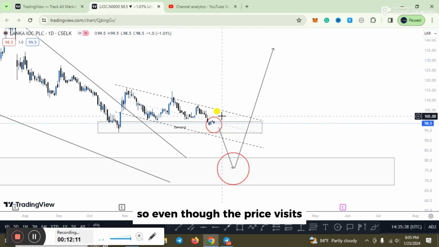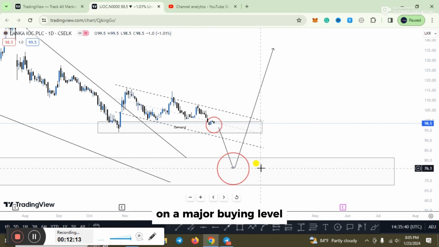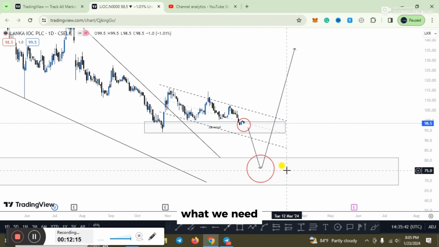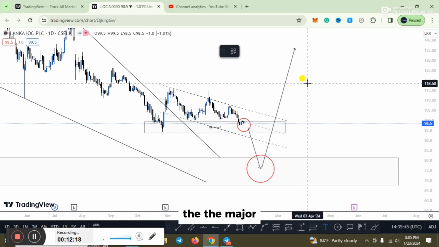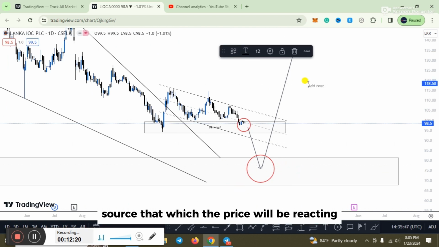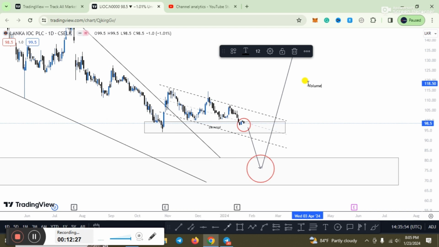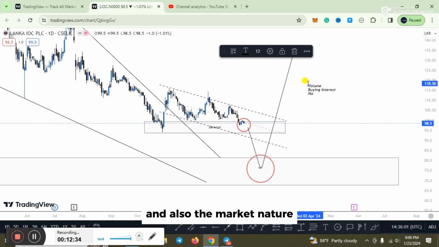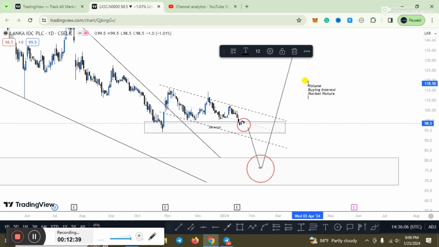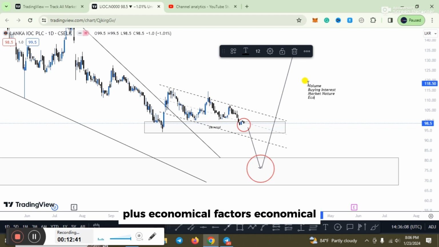So even though the price visits a major buying level, the major source for the price to react over a buying level is enough volume, and then the buying interest, and also the market nature, plus economic factors.